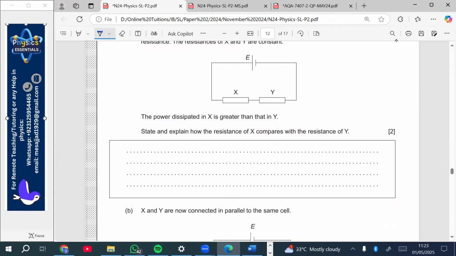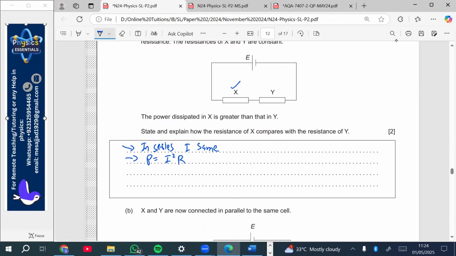Since the circuit is connected in series, I is the same. So when I is the same, what will be your power dissipation? Your power dissipation will be P equals I squared R, right?